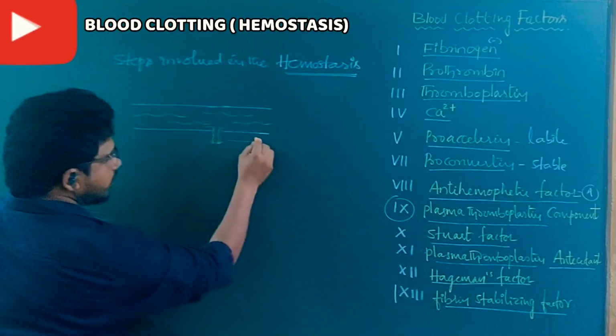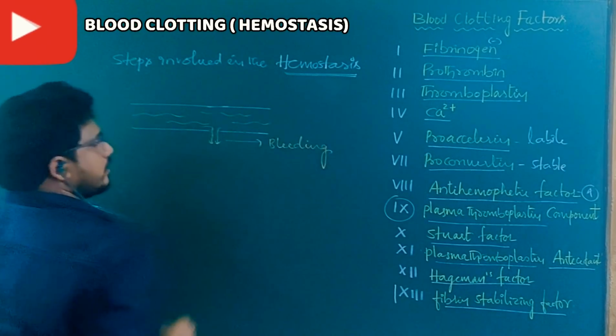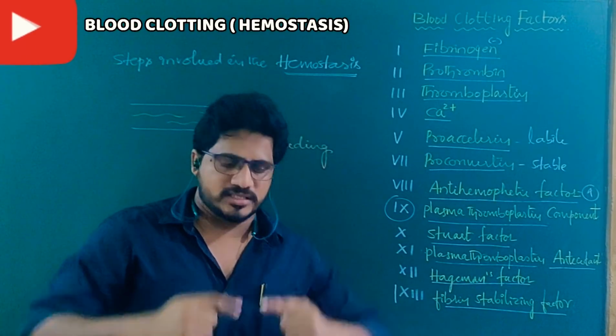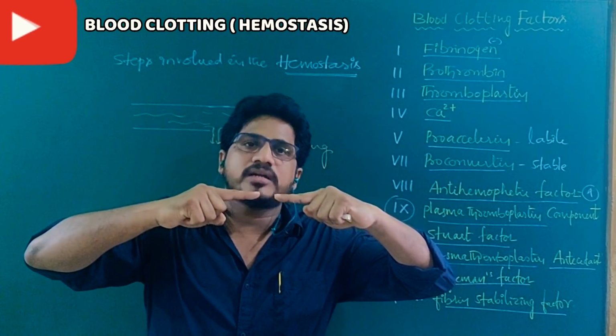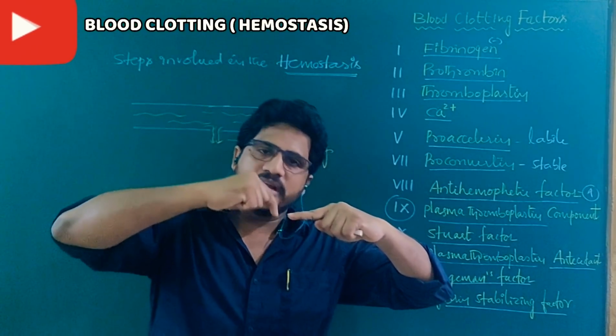So this process is called bleeding. When the blood vessel wall is damaged, bleeding occurs. Suppose this is the blood vessel wall, it cuts, then it is called a trauma. Then the blood, which generally flows in its stream in one direction, comes out.